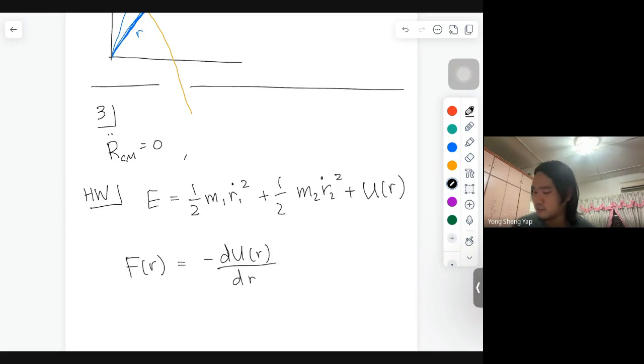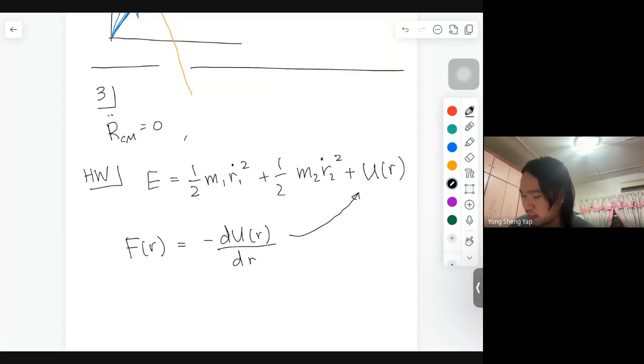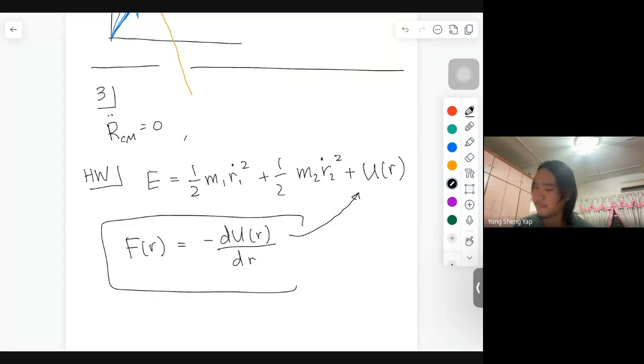Maybe I should say that this is for a conservative central force. So if the force between the two is conservative, then basically the energy of the system is conserved.